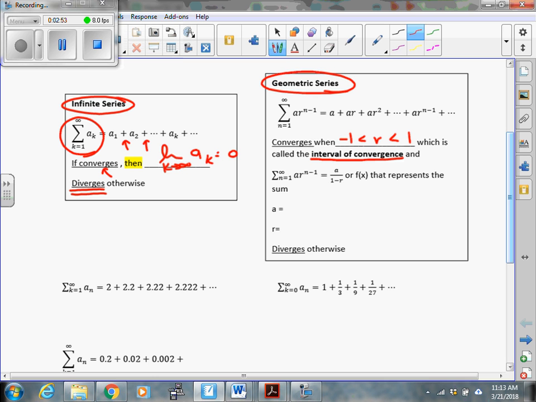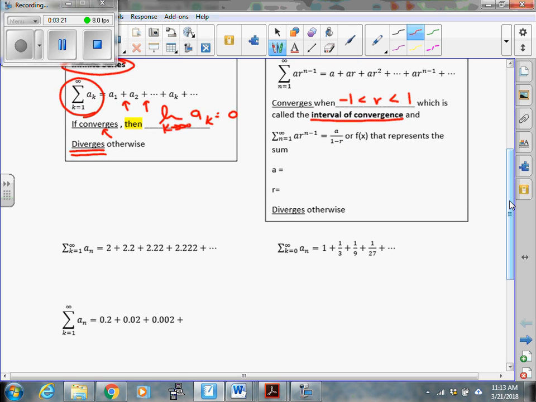Any values outside of that will diverge. For example, if I use R as 1 and I continue to multiply by 1, it's doing nothing to the term. Each time you're adding the same exact number over and over again, so it won't converge. And if you multiply by a number bigger than 1, the number keeps getting bigger. If you add all the terms together, you're not going to know what it goes to. It's going to diverge.